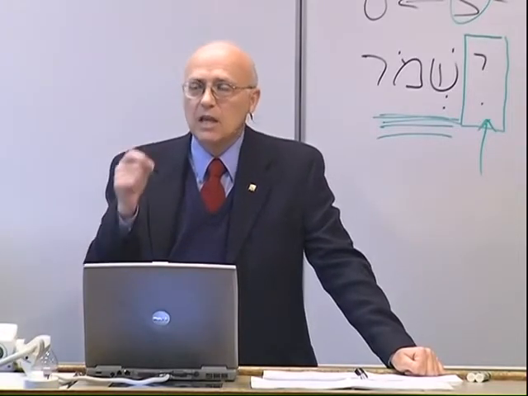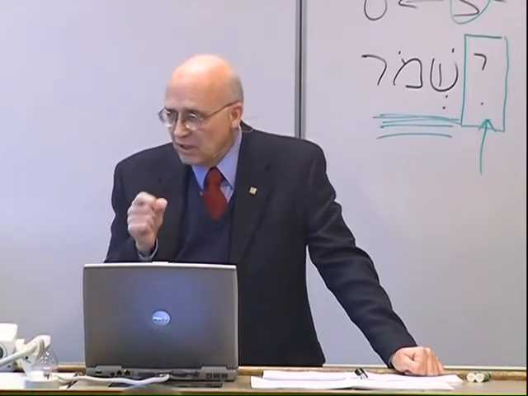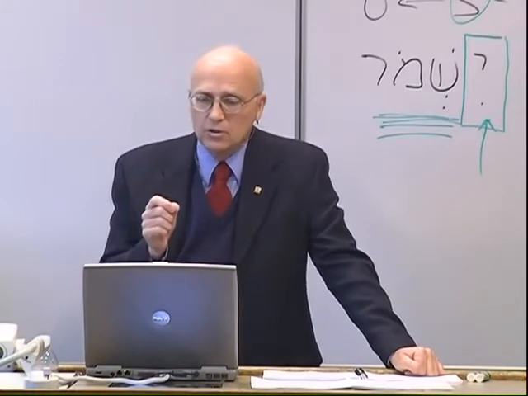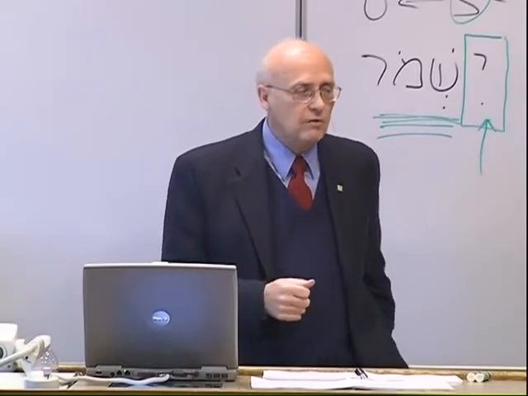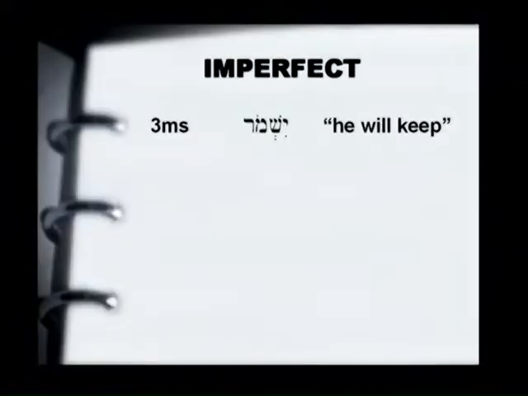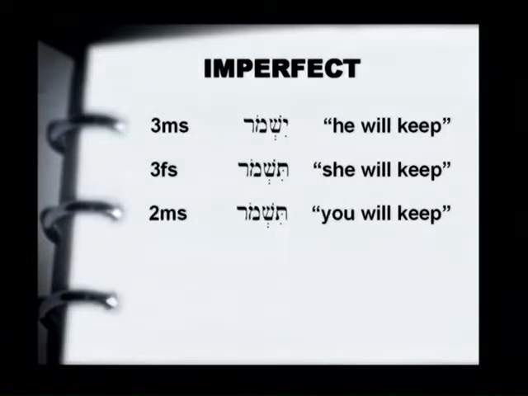The imperfect is a prefix conjugation, so the prefixes are very important. Here with yishmor, we have a yod prefix, third masculine singular, he will keep. Third feminine singular changes that yod to a tav: tishmor, she will keep. The second masculine singular is identical in form.